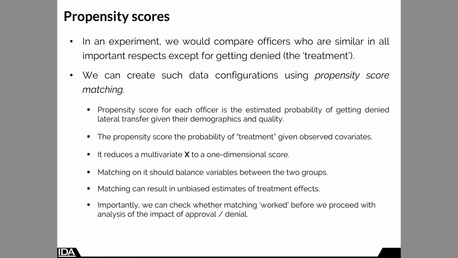So you just regress your treatment dummy, your 1 or 0 treatment dummy, denial, on all the covariates that you think matter to treatment assignment. And for each individual, you get a propensity score, an estimated probability of treatment assignment. And now, if my propensity score matches yours, now we have the same probability of getting exposed to treatment.